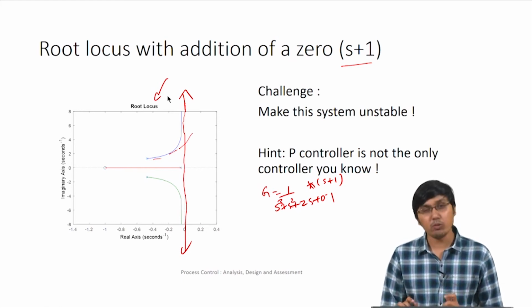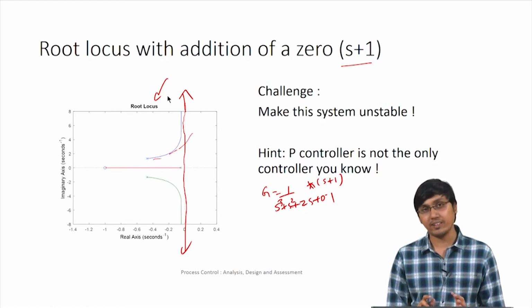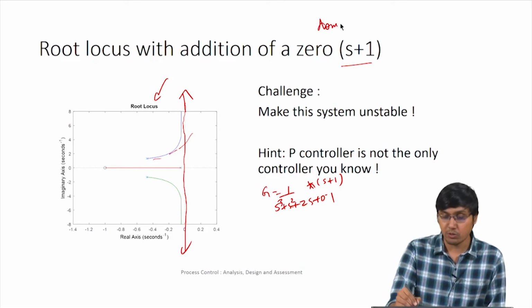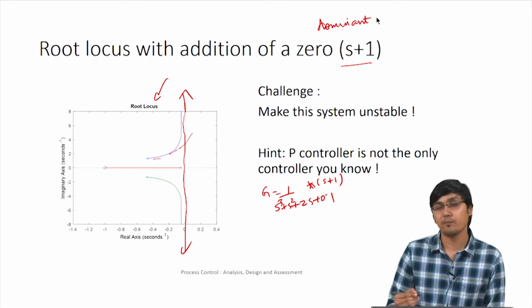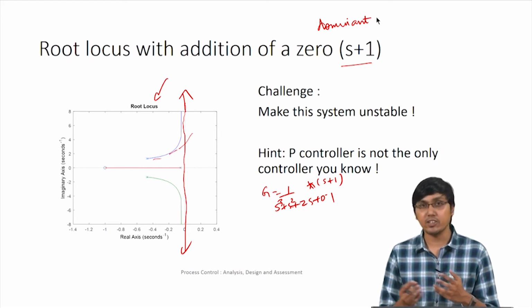And one more thing: when we talk about poles and zeros, we talk about something called a dominant pole. So, what is this dominant pole? Everything you can easily visualize when you do this partial fraction thing.